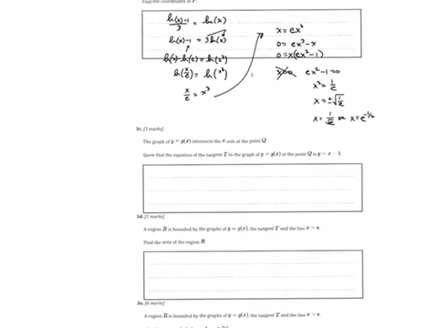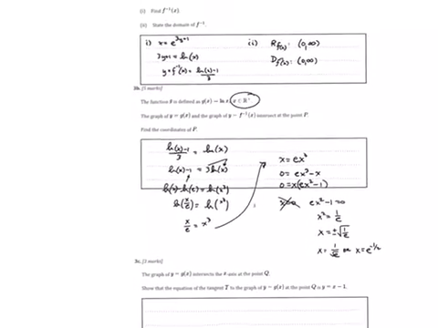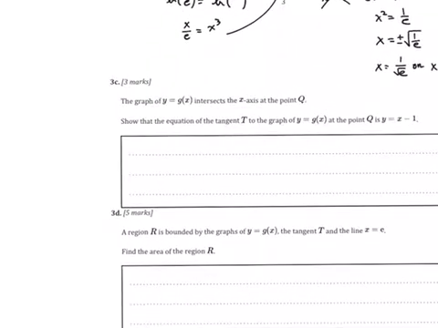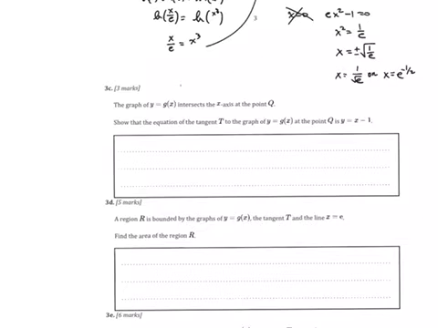The graph of G intersects the x-axis at Q. Okay, so I have to remind myself what G was. G is ln of x. g of x equals ln of x intersects the x-axis at q. Well, I know ln of x is equal to 0 at x equals 1, right?